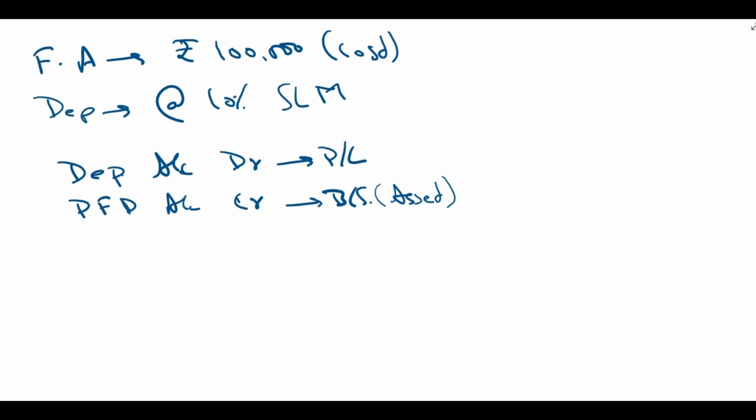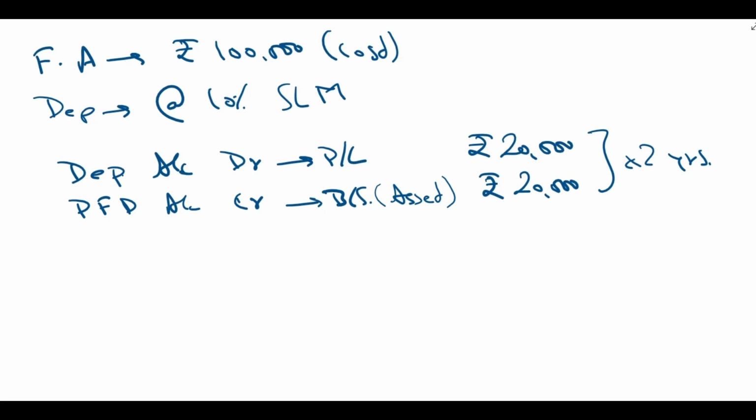Just this little provision for depreciation, PFD. Now say over the 2 years period, the depreciation which we have recorded is 20K dollars. This is for 2 years, first year and second year both clubbed. Now say in the beginning of the third year itself, we are selling this asset for, say, 85,000.